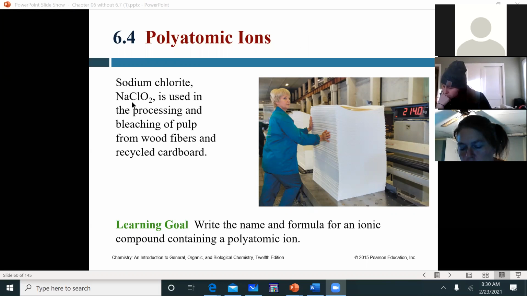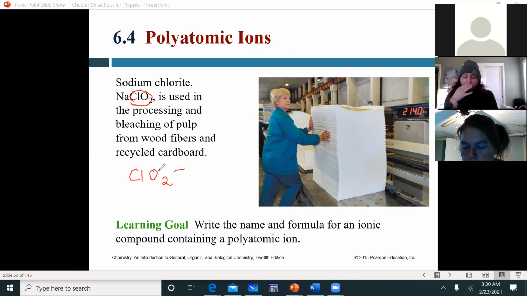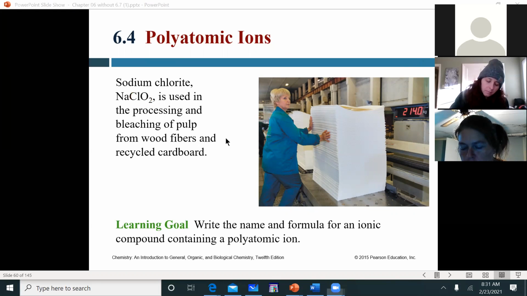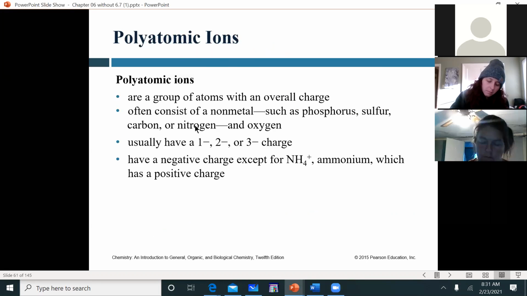So chlorite, I'll actually write this. This is the chlorite component here. It is ClO2 with a minus charge. So there's 1 chlorine, 2 oxygens, and those things as a whole have a negative charge. With your polyatomic ions, they often consist of multiple nonmetals like phosphorus, sulfur, carbon, nitrogen, and then oxygen.